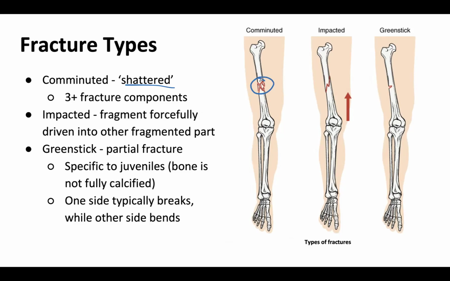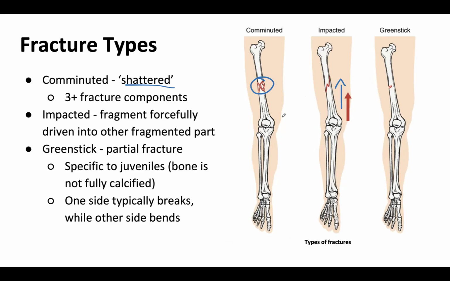These tend to be pretty serious and slow to heal, as it's often difficult to reduce the fragmented pieces back together. An impacted fracture has one of the fragmented portions being forcibly driven into the interior portion of the other fragmented component. These are usually caused by high velocity injuries. Think of a car crash or something like that.